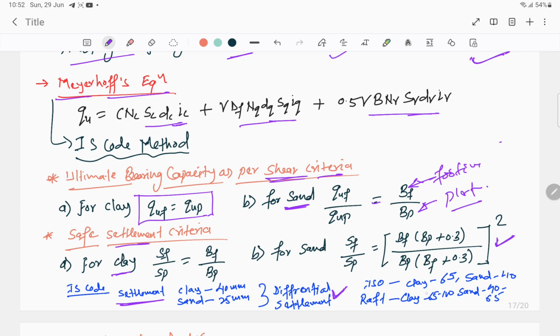Okay, and if it is for isolated footing, then the settlement value in clay soil is 65 and in sand it is 40, and for raft footing, this is for isolated, this is for raft footing. Raft footing, if the soil is clay, then the settlement value may rise from 65 to 100, and for sand it is 40 to 65.